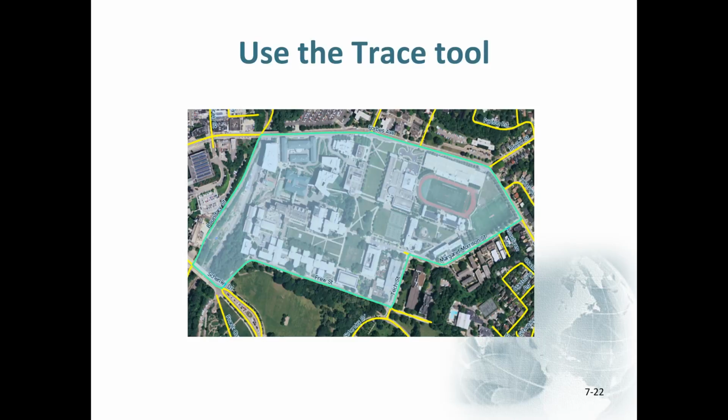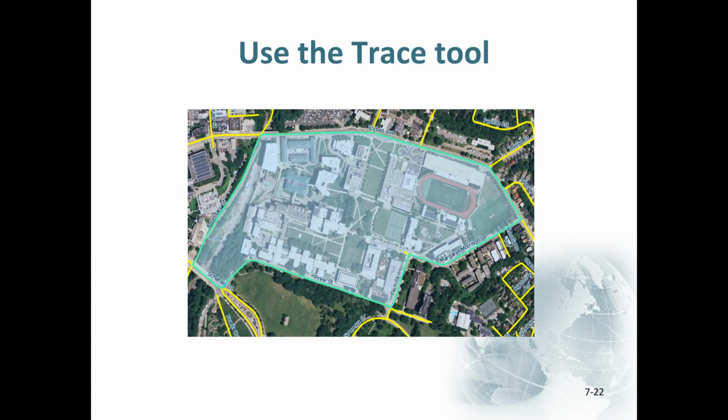Trace tool. The trace tool is very good when you have complicated shapes, such as coastal lines, because it will pick up those features. It is a very smart tool to use when you are tracing, for example, within these boundaries.